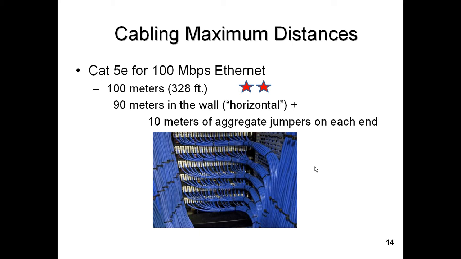And I should mention, every jack is going to be home run back to the telecommunication closet on its own cable. So if there's 2 jacks on a plate, there's 2 individual cables, 1 for each jack. They go back to the telecommunication closet. We can have 90 meters of that in the wall and then 10 meters of aggregate jumper cables at each end. These are the EIA-TIA standards.